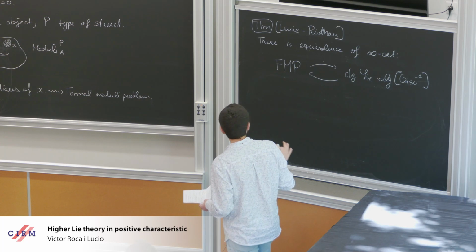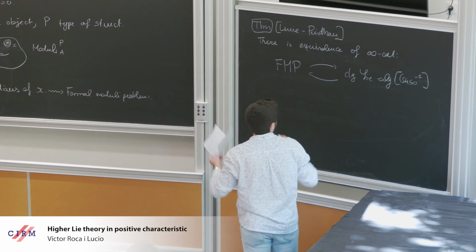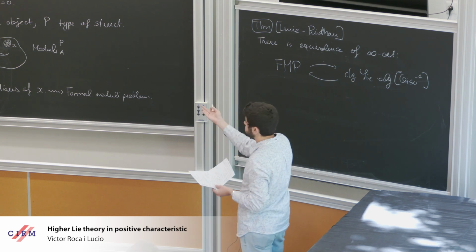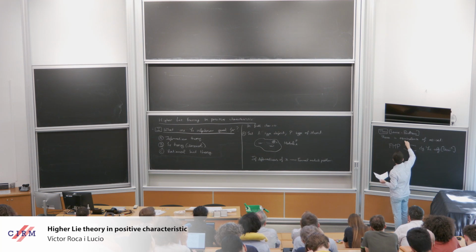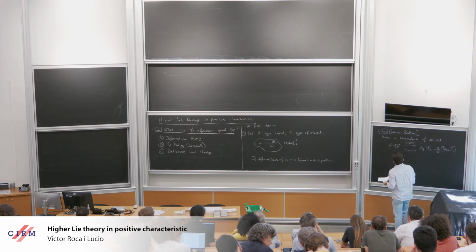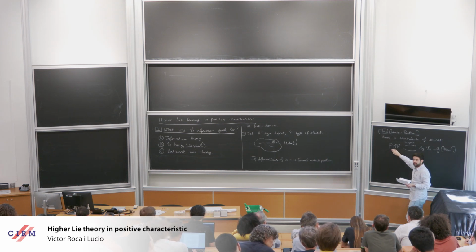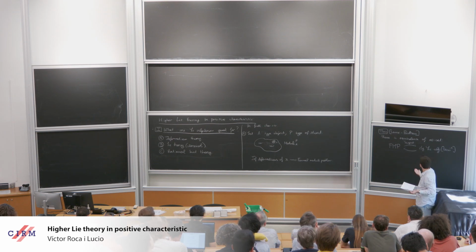Now, something that I want to point out is how do these Lie algebras appear in this context? The functor here, you can think of as a tangent functor. It happens that these objects have a well-defined notion of a tangent complex.